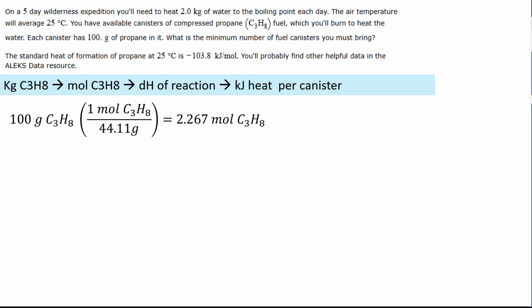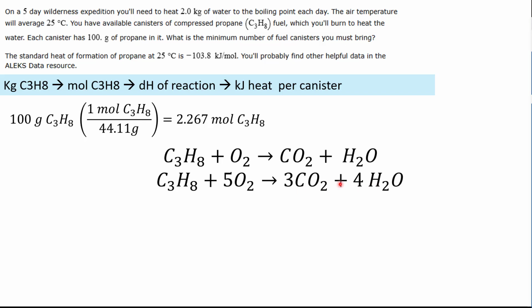So we need to write out our combustion reaction. We know that it's a hydrocarbon plus oxygen goes to carbon dioxide and water. But we also need to balance it, right? So we have 3 carbons, so we're going to need to add a 3 in front of the carbon dioxide. We've got 8 hydrogens here and only 2 here, so we're going to need to add a 4 out front. That's going to give us 10 oxygens on this side, so we'll need a 5 over here.